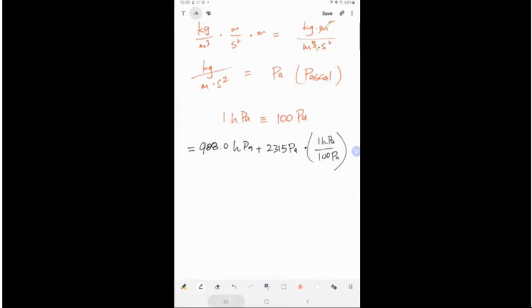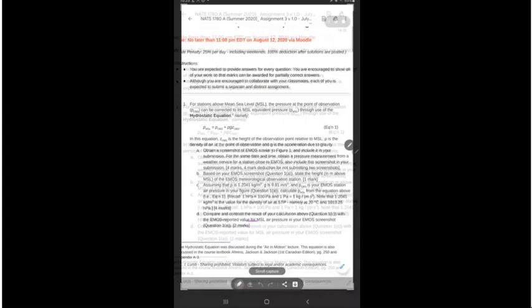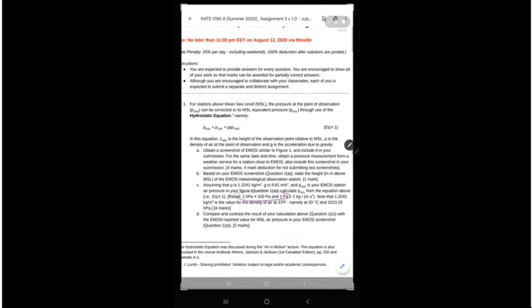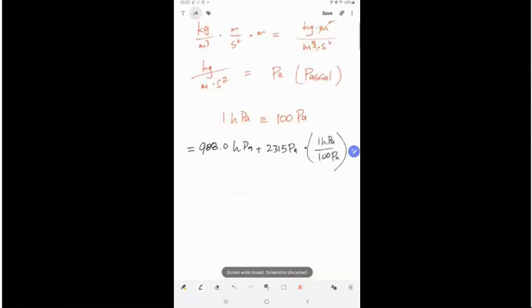Let's just check that we got that right again, make sure we didn't make any mistakes. One hectopascal is equal to 100 pascals. So I think we're good. 1 hectopascal for 100 pascals.